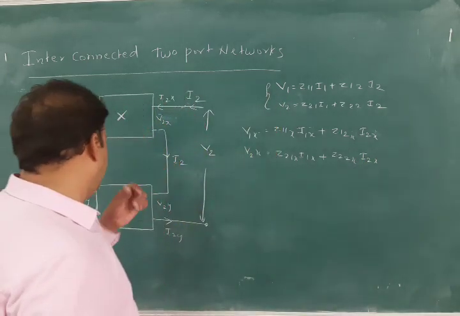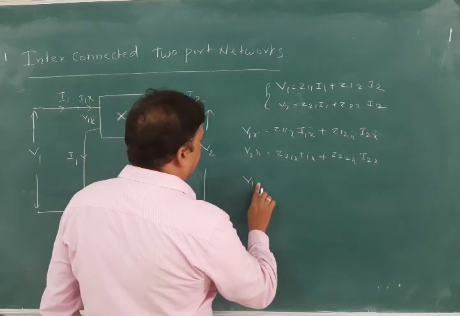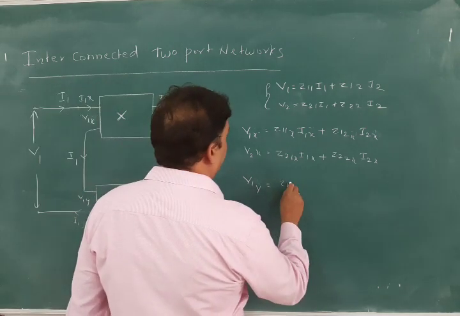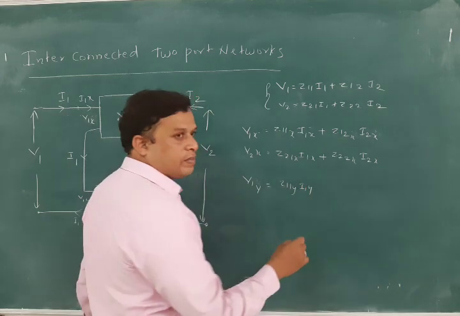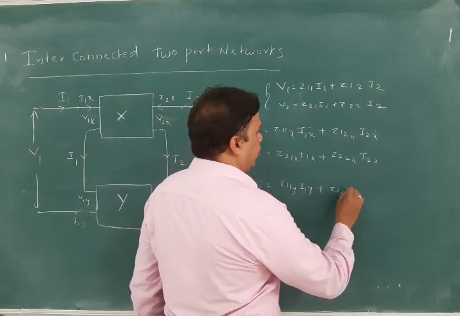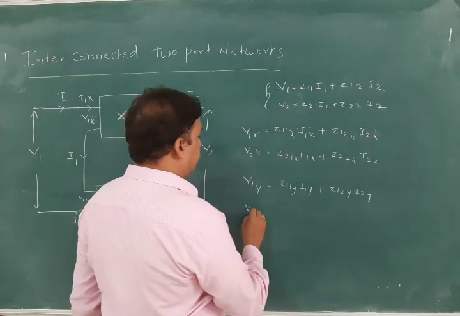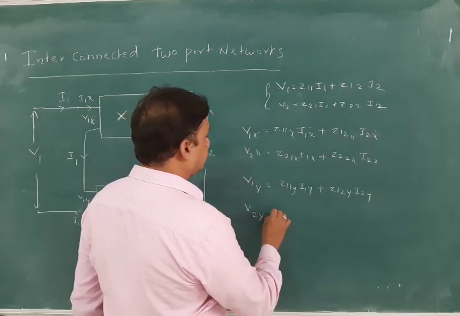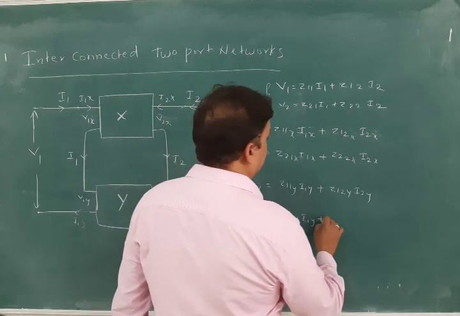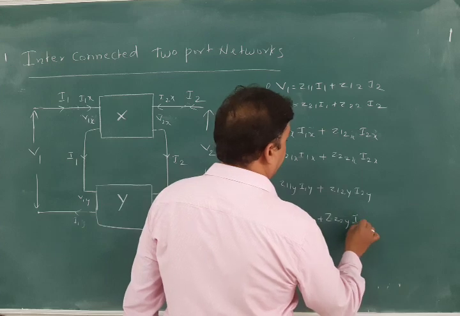In a similar way, for the Y network also, we have to write these equations. These equations become V1y is equal to Z11y into I1y plus Z12y into I2y, and V2y is equal to Z21y into I1y plus Z22y into I2y.